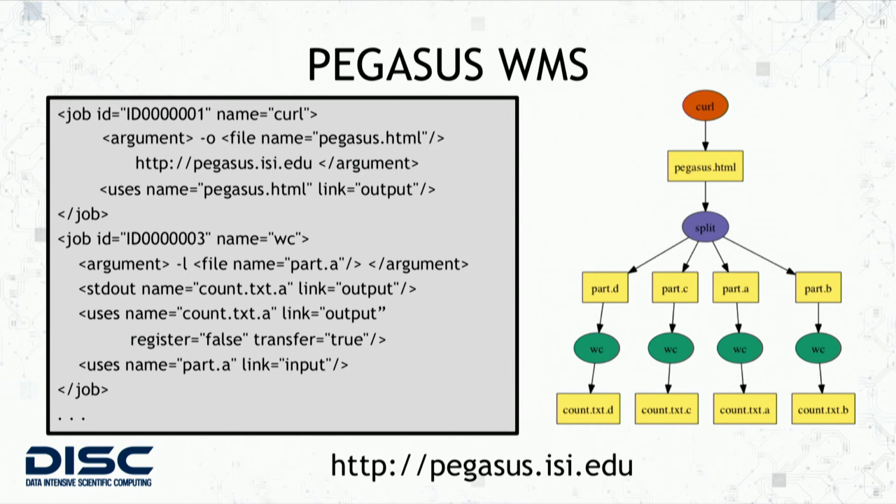Now what you do is you use Pegasus to process this DAX and produce a concrete workflow that has been specialized for your local environment and has made decisions about where to pull data from, where to move it from, and how many jobs to run concurrently, and it's typically used to feed into Condor's DAGMan. Pegasus is widely used in the scientific community for writing DAGs that have a very large amount of data movement.